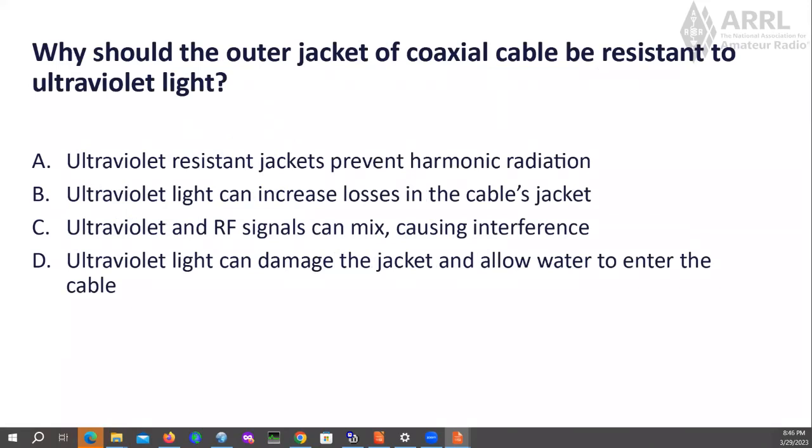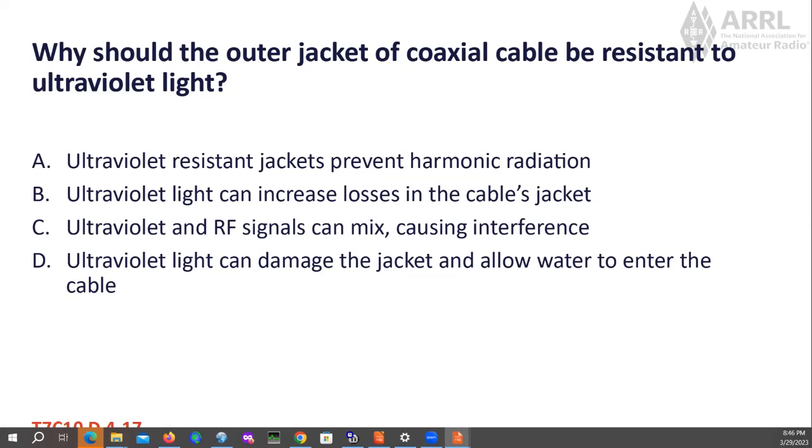Why should the outer jacket of coaxial cable be resistant to ultraviolet light? And this one is C. Ultraviolet and RF signals can mix. No, what am I? This is D. Oh, I see what I'm looking at.